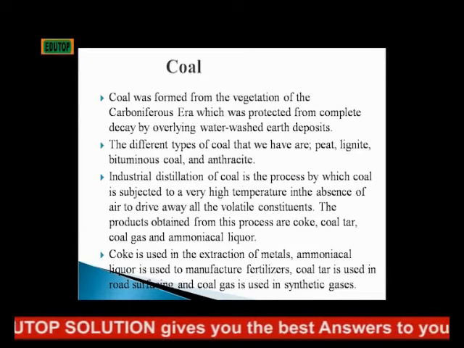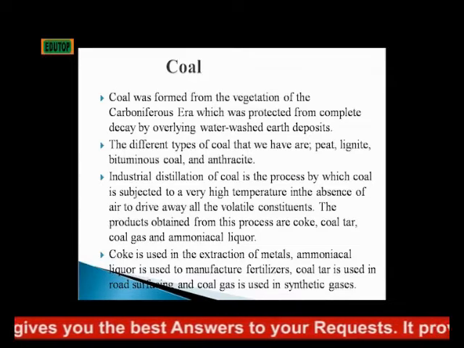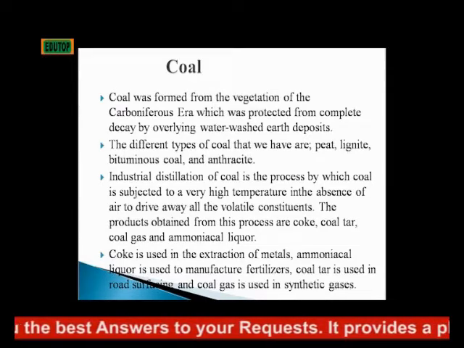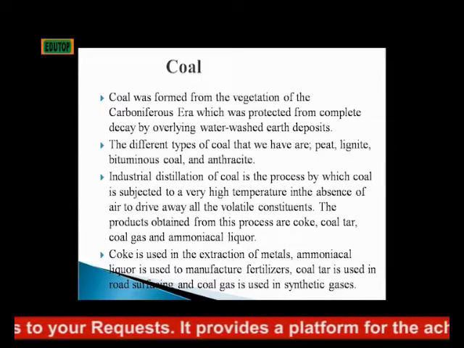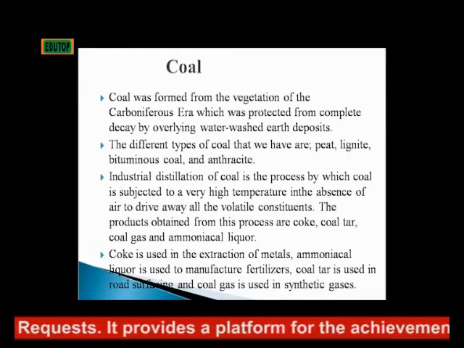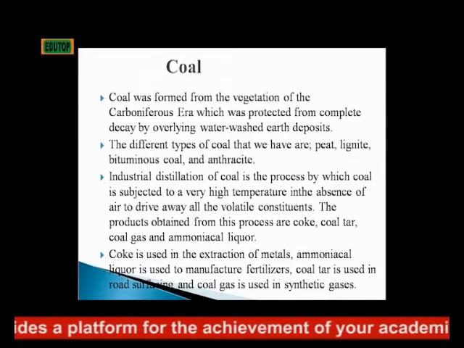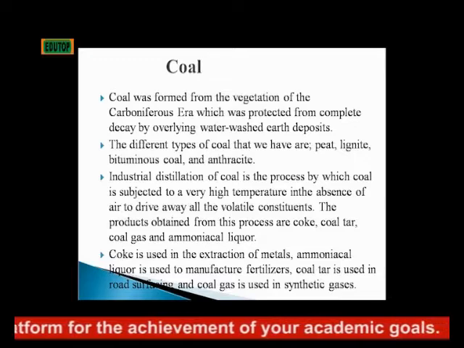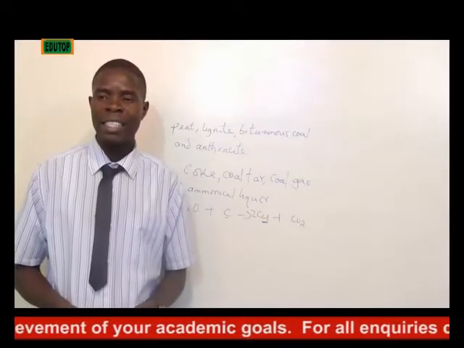The second one is ammonical liquor. Ammonical liquor is used to manufacture fertilizers. Coal tar. Coal tar is used in road surfacing. They use it to surface the road. And coal gas is used in synthetic gases.